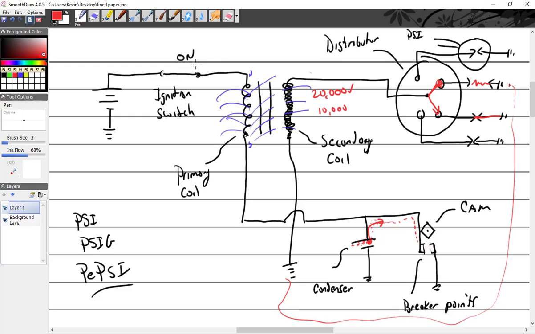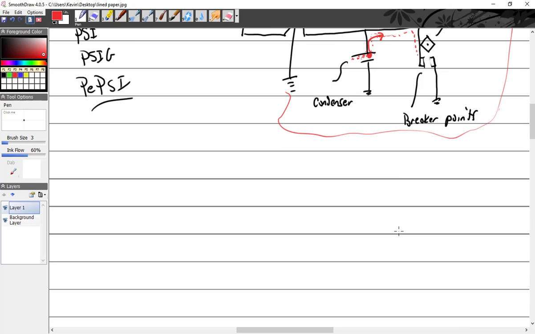It's opposite in a magneto. Number two, this is a transformer. The primary current comes from a battery, and it has an iron core that couples across to the secondary. The amount of voltage produced is strictly dependent upon what sort of gap it has to jump, if it has to jump one at all. And what the condenser is for and what the breaker points are for. Got it? All right.